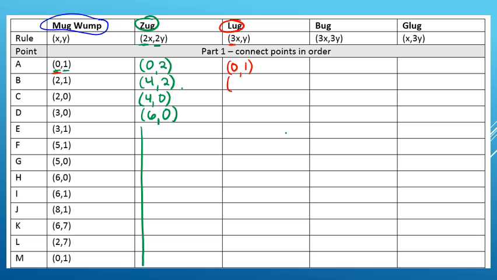Second one, I have 2 times 3 makes 6, and then I keep the same y value. Third one, 2 times 3 makes 6, keep the same y value of 0. Next one, 3 times 3 makes 9, and I keep the same y value of 0. So go ahead and fill the rest of that column in, and then check back for Bug.